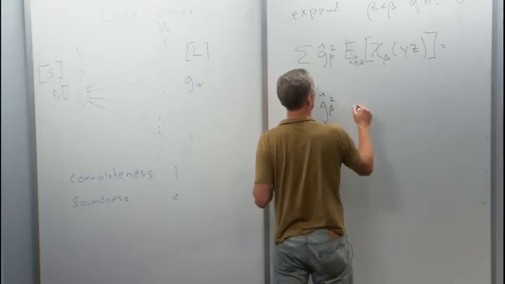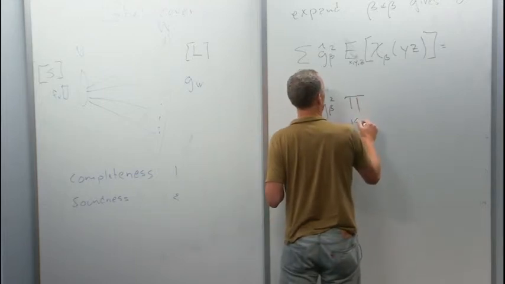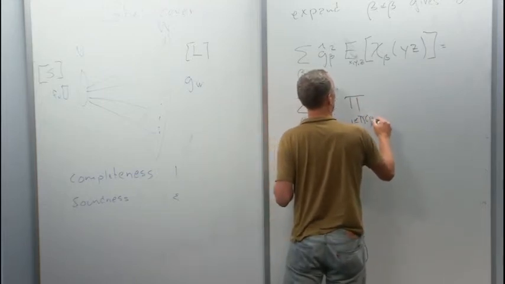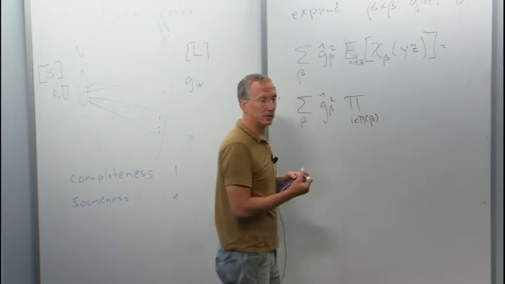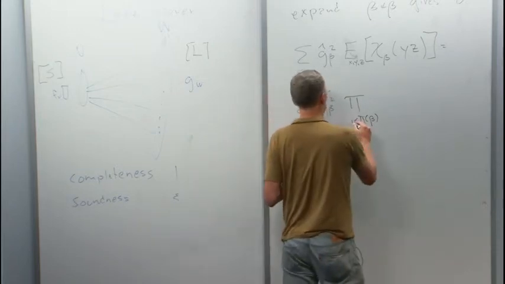You get a product over the xi's, and for each of them, you get with half probability -1. Or let's call this J rather.